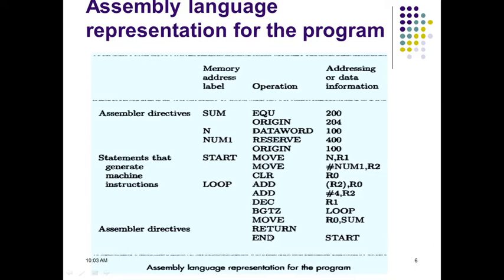Return means to return some value back, and end means to end the processing or the operation. So here you can clearly observe the different assembler directives and the assembly language statements. This is just the assembly language representation for the program.